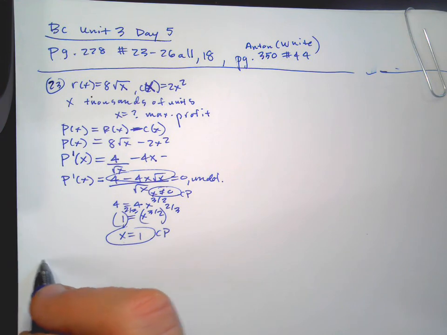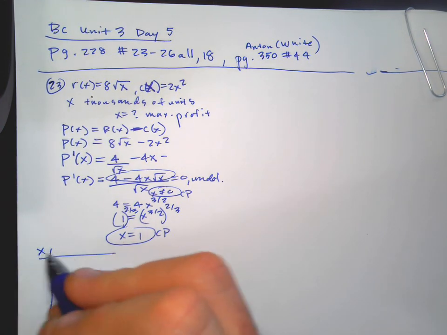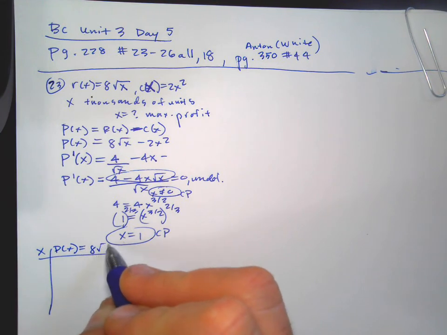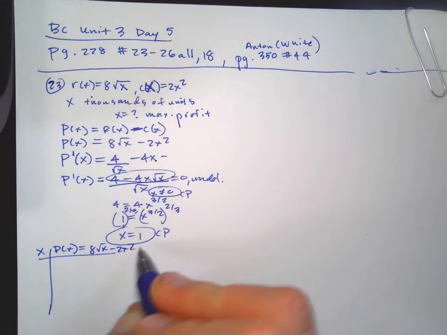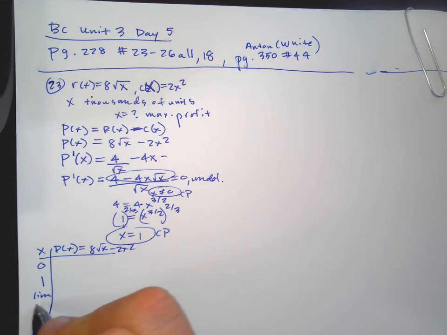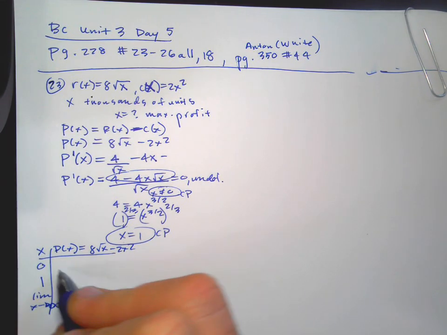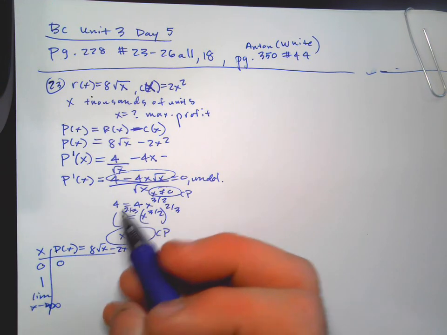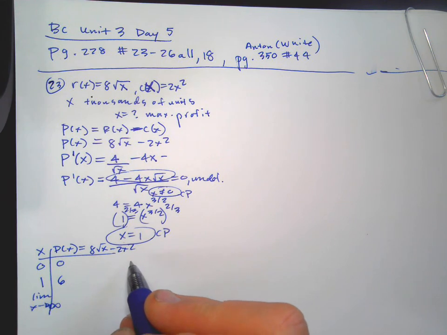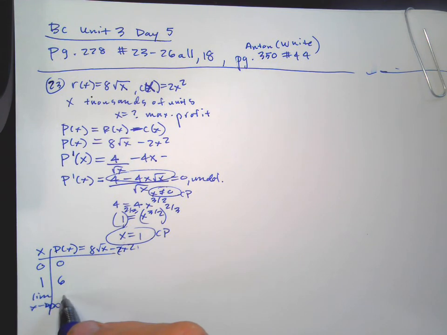You could make a little table and say, all right, let's put 0 in, let's put 1 in, and then let's take the limit as x goes to infinity. If you plug 0 in, you get 0 profit. Makes sense. Plug 1 in, you get 6. If you go to infinity, this is a dominant term. It's going to go to negative infinity. You're going to lose lots of money.